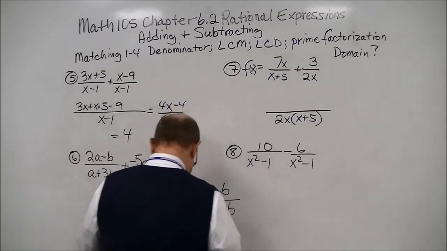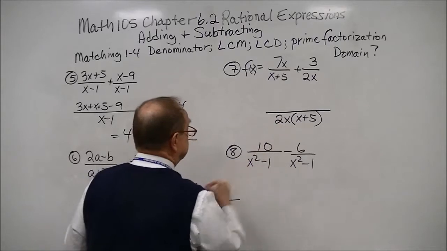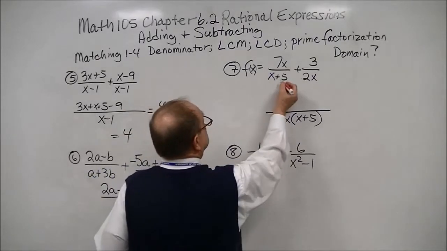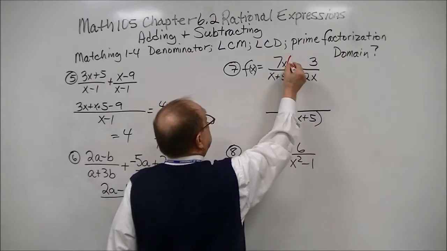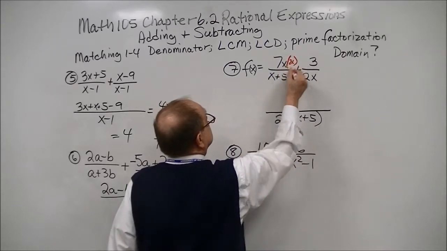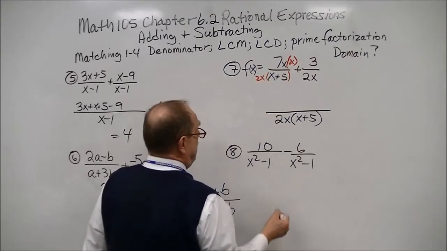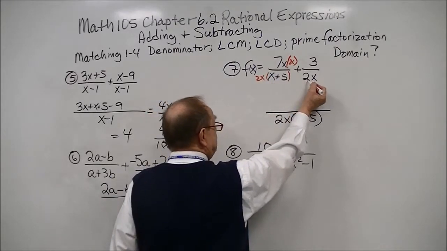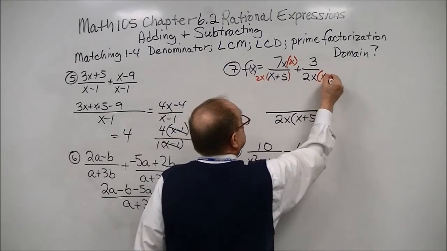Now, in order to make that common denominator this, what did we have to multiply this one by? Well, we had to multiply it by 2x. And what did we have to multiply this by to make it this? Well, x plus 5.